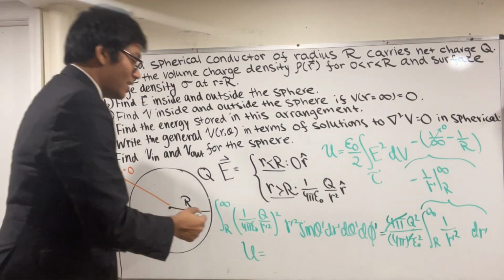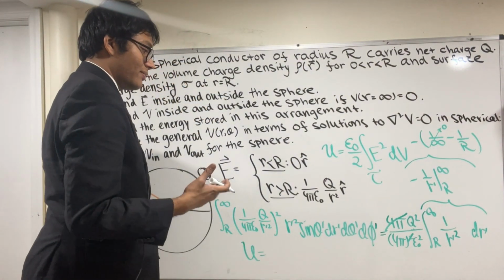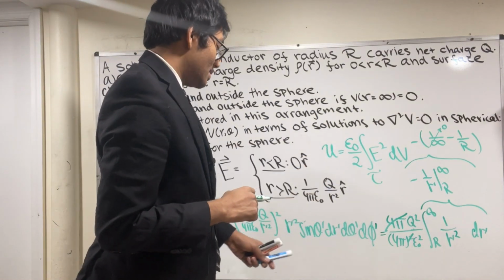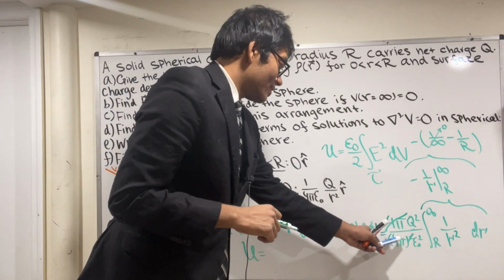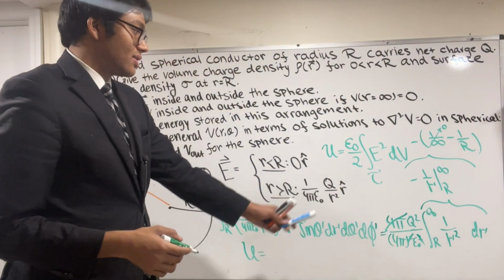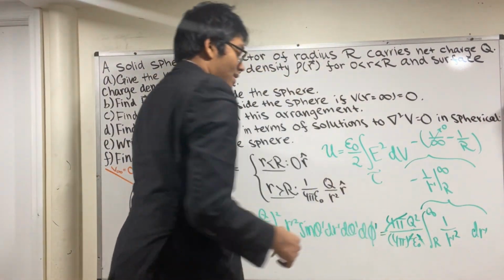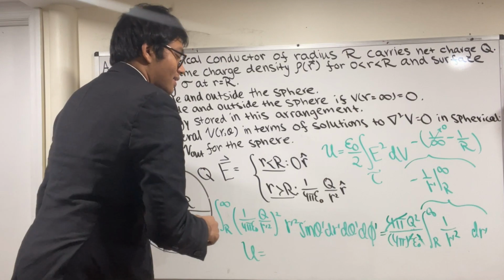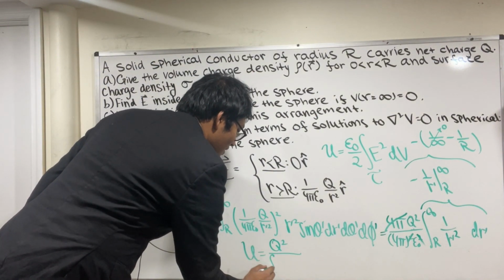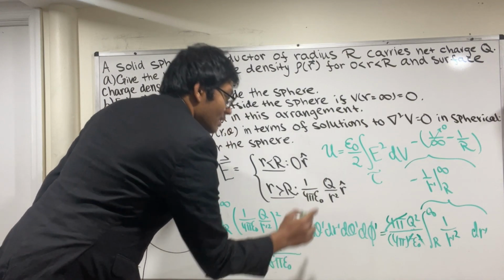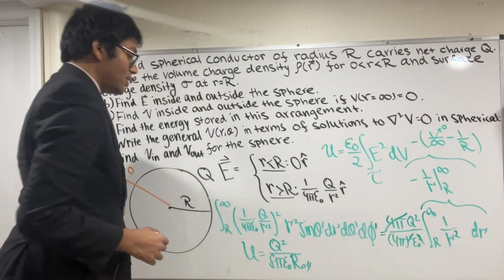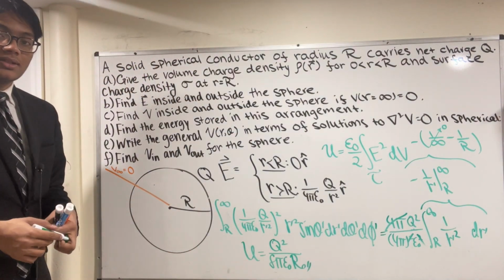So my final electrostatic energy is going to be epsilon naught over 2 times all of this mess. So one of the epsilon naughts cancels out, that was a square, and this 2 and 4 pi makes 8 pi. So my final answer is going to be q squared over 8 pi epsilon naught capital R. There you go, folks. That is the energy of this electrostatic arrangement.